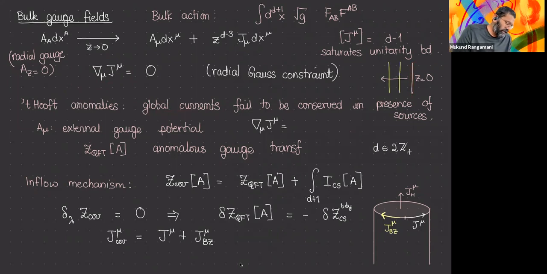So if I turn on a non-zero A_μ on the boundary, my current will no longer be conserved, but it will fail to be conserved by some functional of A_μ. Recall that in 4 dimensions, the current conservation is violated by a term proportional to E dot B. So that's the standard chiral anomaly, the ABJ anomaly.